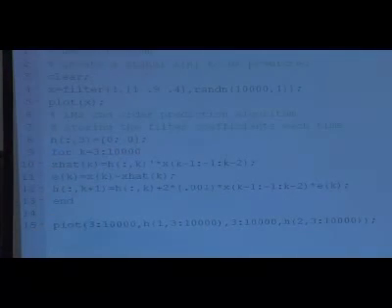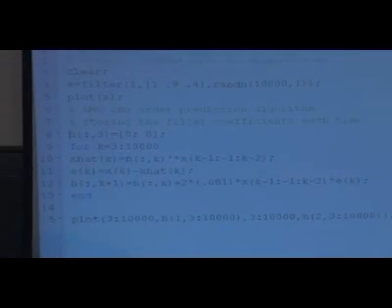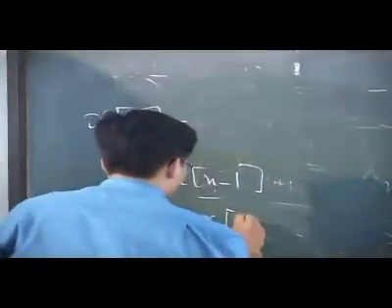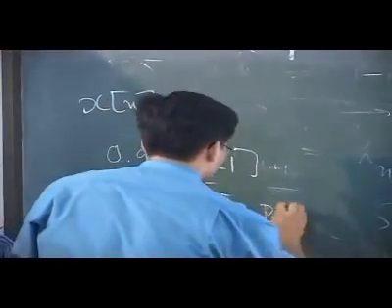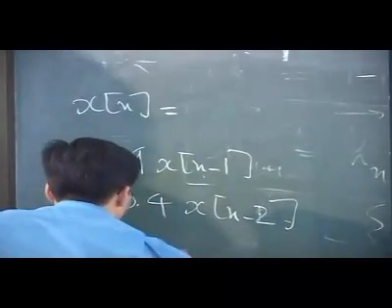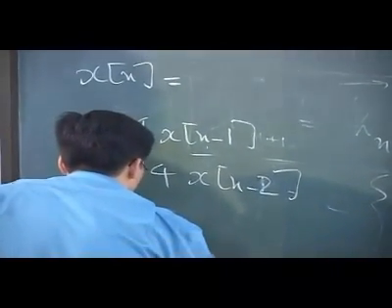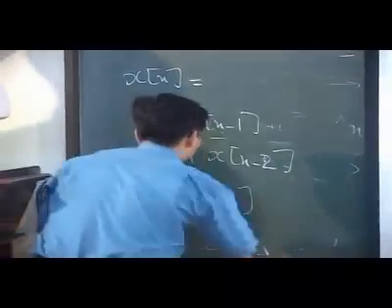So that is 0.9 here, plus 0.4 x of n minus 2, and plus the random variable which is w of n. So this thing here is a random noise.